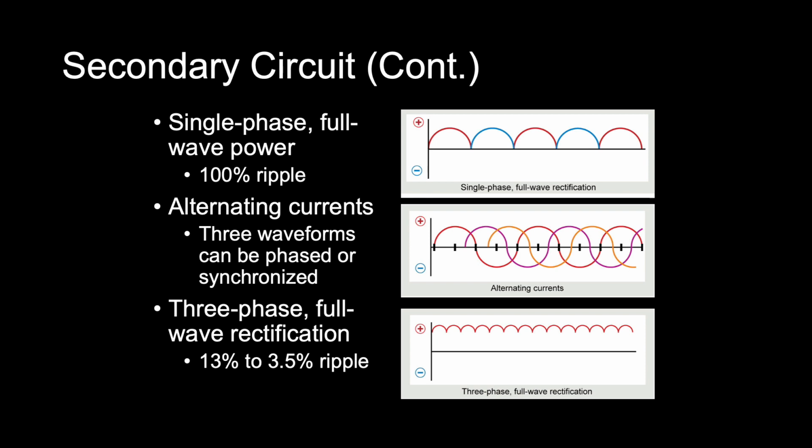Depending on the number of rectifiers and engineering, it will have anywhere from 13% ripple, which is 3-phase 6-pulse, to 3.5% ripple, which is 3-phase 12-pulse. And this translates into X-rays being produced anywhere from 87% to 100% of the kVp selected on the console for 3-phase 6-pulse, and then 96.5% to 100% for 3-phase 12-pulse.